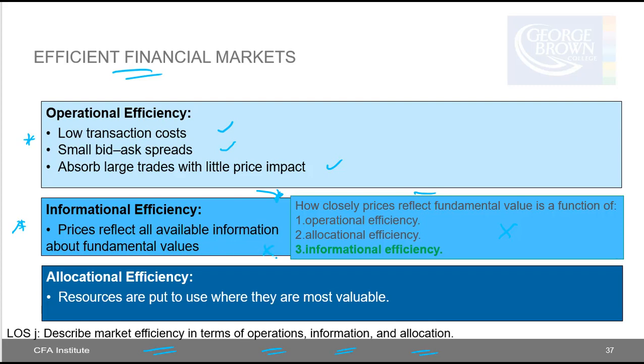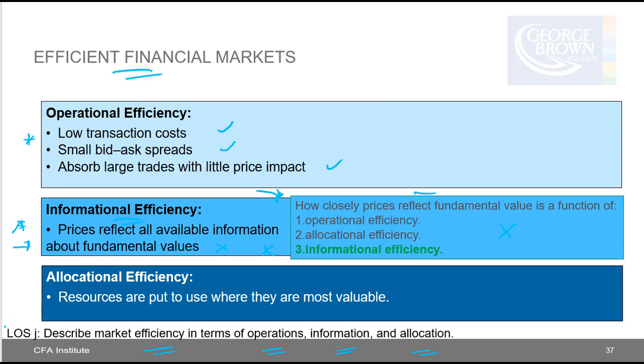And the correct answer is C, because informational efficiency says prices reflect all available information about fundamental value. So you can see fundamental value in the question. It's referring to informational efficiency. That's rated at difficult, but I don't think it's too tough if you've made some good flashcards and are up to speed on the vocabulary, okay?